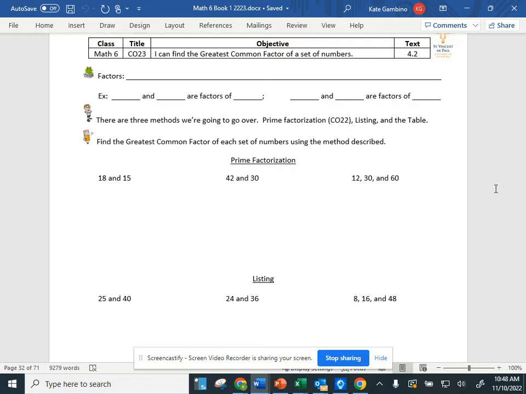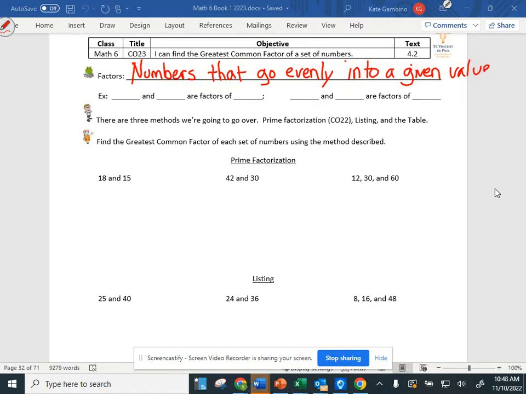A factor is a number that goes evenly into a given value. So factors are those numbers that go evenly into the number.